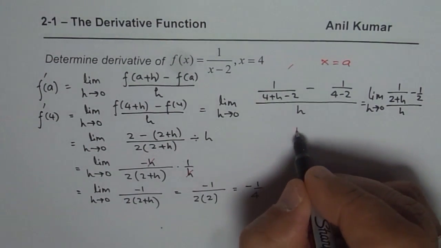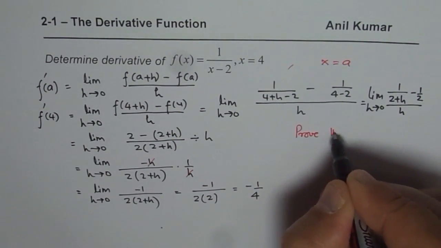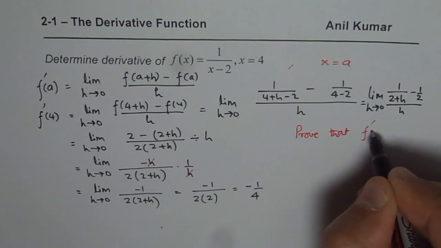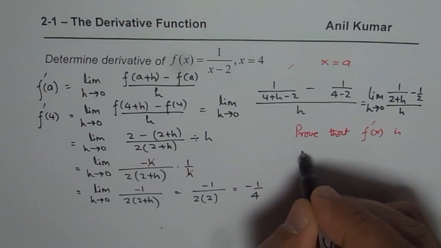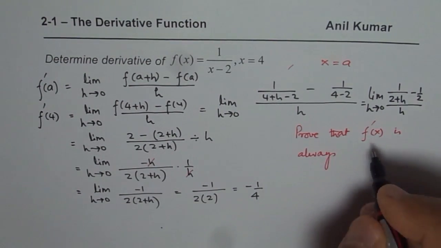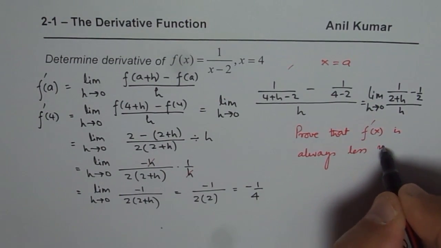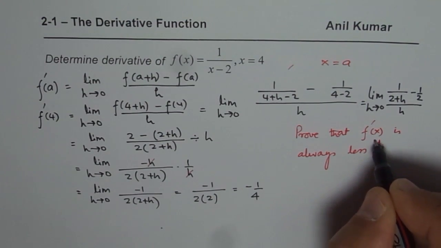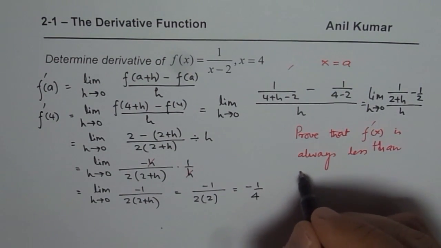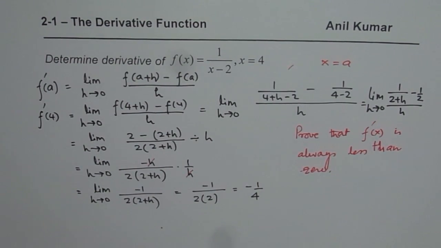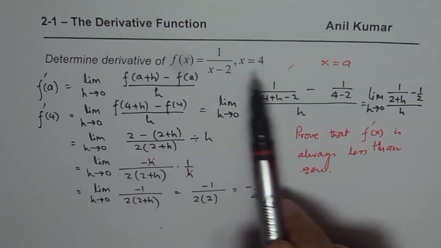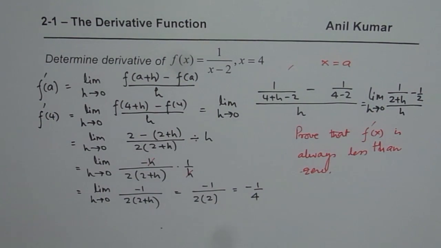So you need to prove that f dash x is always less than 0, or you can say it is always negative. So derive the general expression and show that it is always negative, right? That is an exercise for you to do.